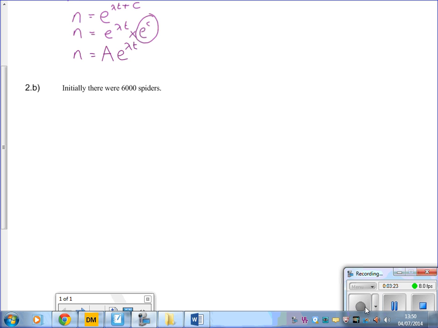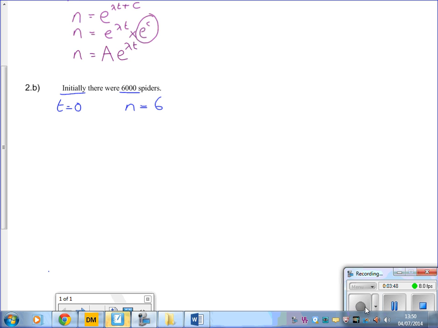Following the same pattern as in 1b, we've got some conditions. Initially, so t is 0, there were 6,000 spiders. So n equals 6. Because in the question I'm told that spiders in a population is n thousands. So not 6,000, but 6.